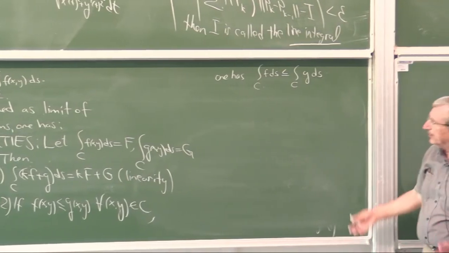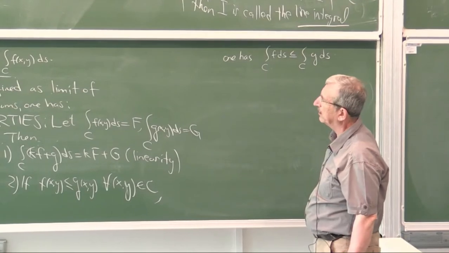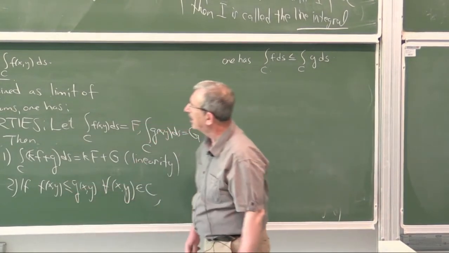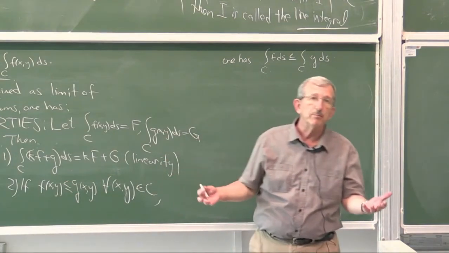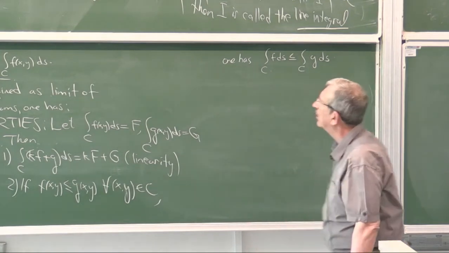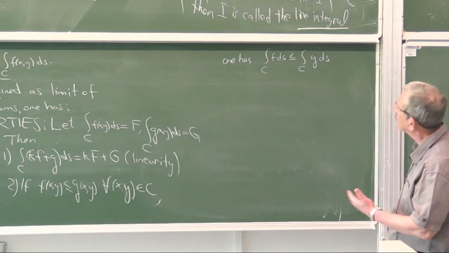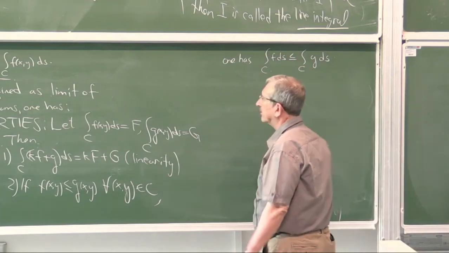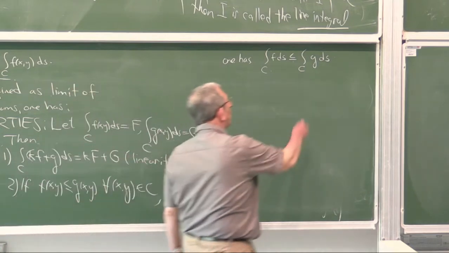We expect this because g minus f will be positive in this case. And if we look at the Riemann sums, all the Riemann sums will be positive for g minus f. And so the limit will be non-negative, actually usually positive, but could be 0, of course. And so the integrals will satisfy this. This is called monotonicity.